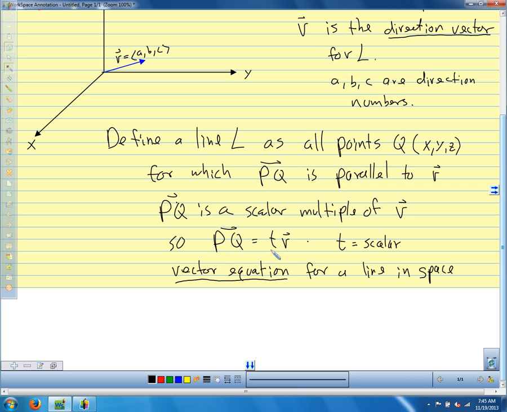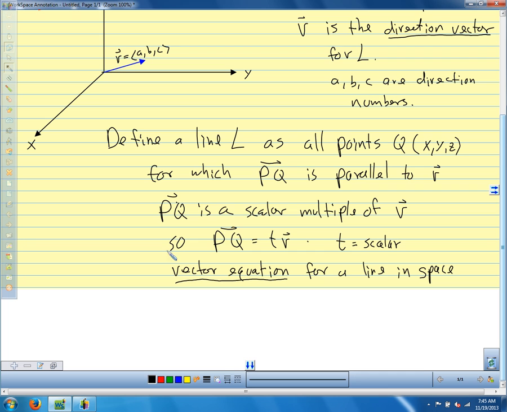So this is our vector equation. We're going to come up with a couple of different kinds of equations for a line in space, just like we did in the plane, where we have point-slope, slope-intercept, general form, etc.